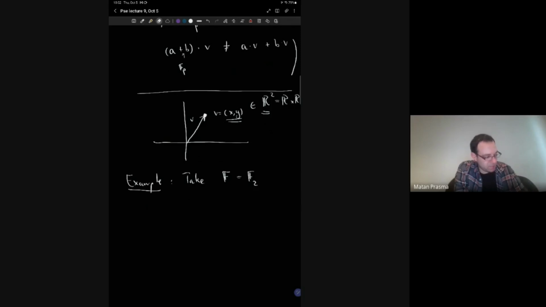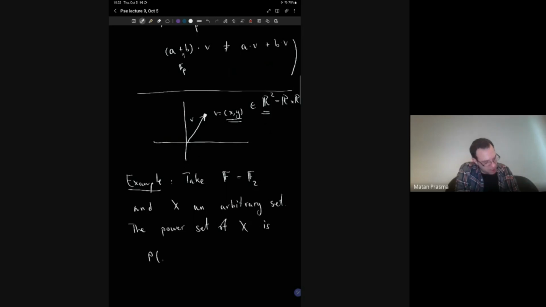Let's say I take X, an arbitrary set. The power set of X is the set of all subsets of X. This is the set of all S such that S is a subset of X. Of course, including X itself as a subset of X, and also the empty set is a subset of X.